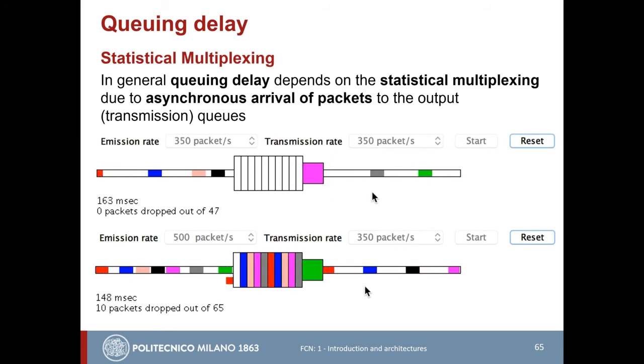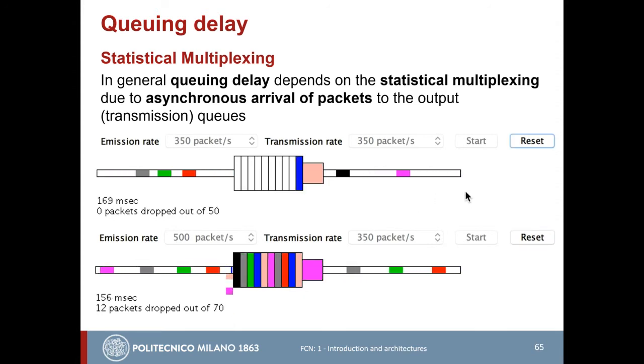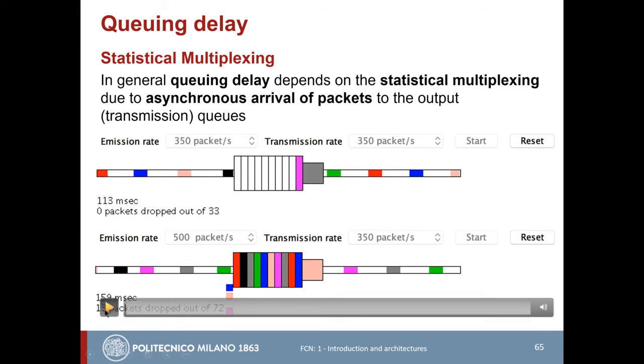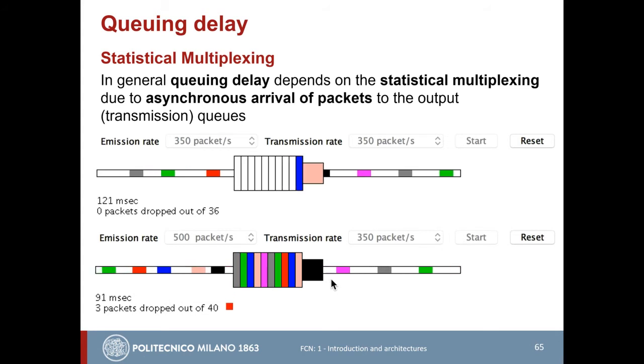The rate, or the average occupation of the queue, is related to the speed of the packets that are arriving and how fast packets are transmitted at the output.